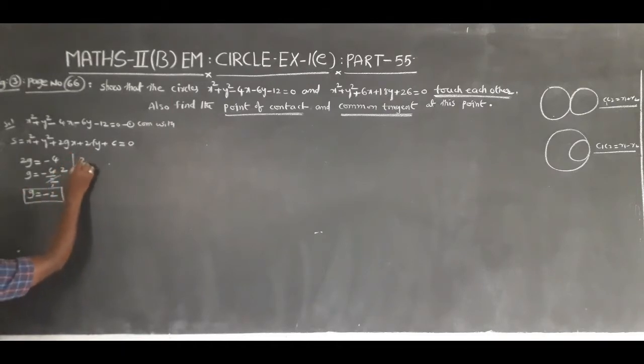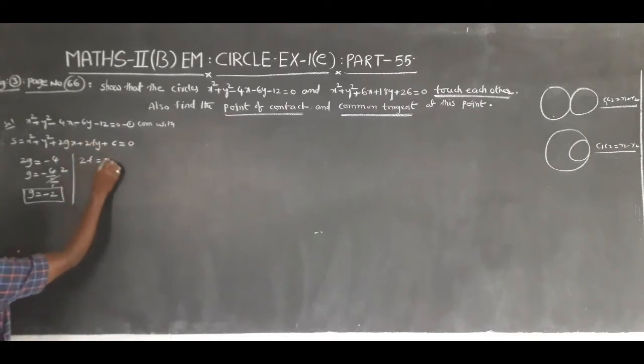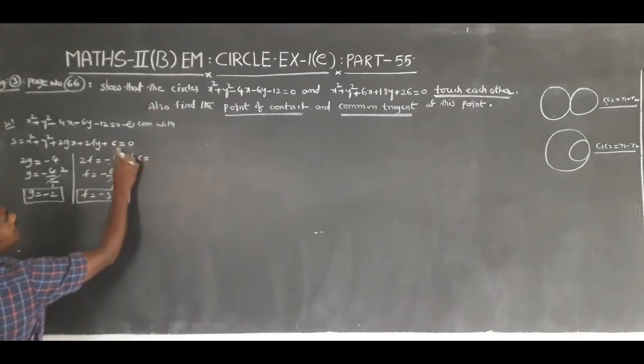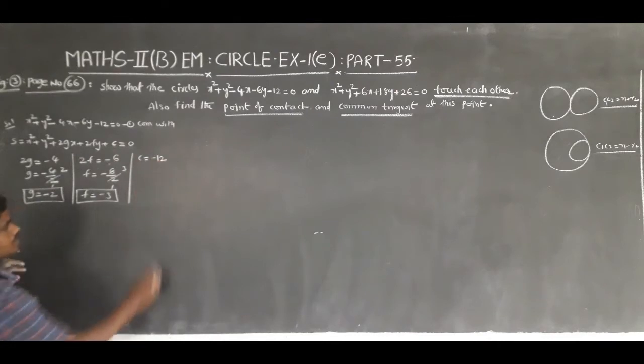Y coefficient 2f is equal to minus 6, f is equal to minus 6 by 2, f is equal to minus 3. Constant c is equal to minus 12.